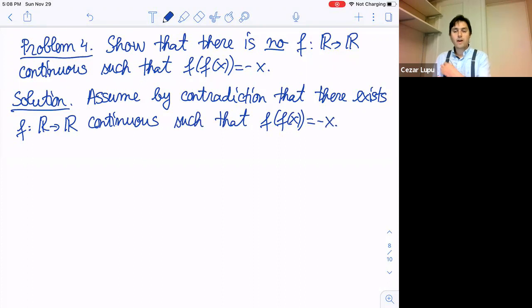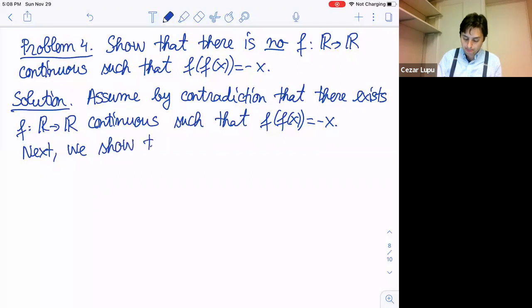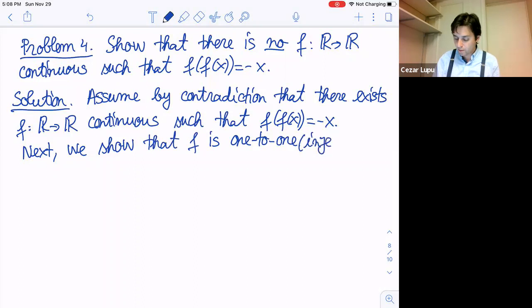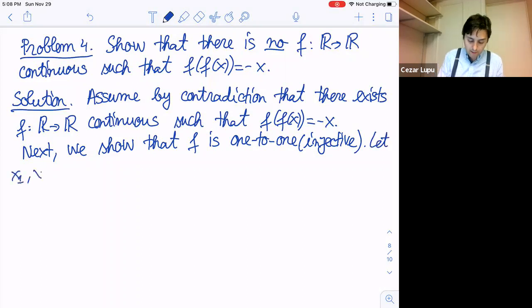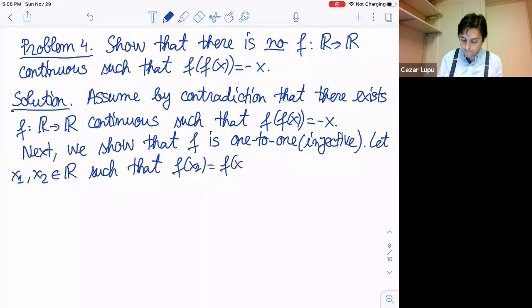Okay. All right, so we know that f is continuous, but now we can prove something. Maybe we can prove that f is injective. So next we show that f is 1-to-1, or we can say it's injective. Let x1 and x2 be real numbers such that f of x1 is the same as f of x2.